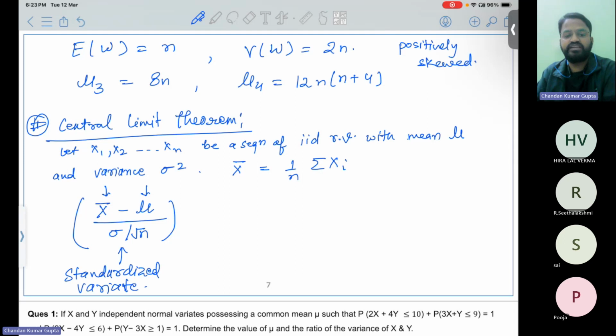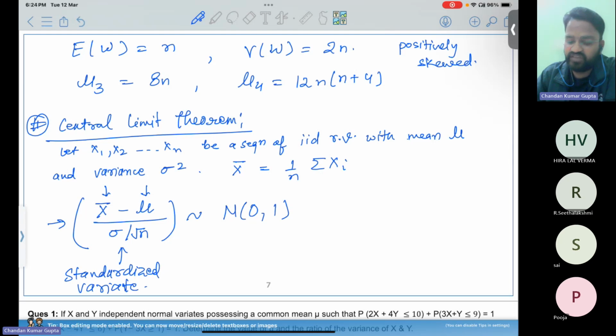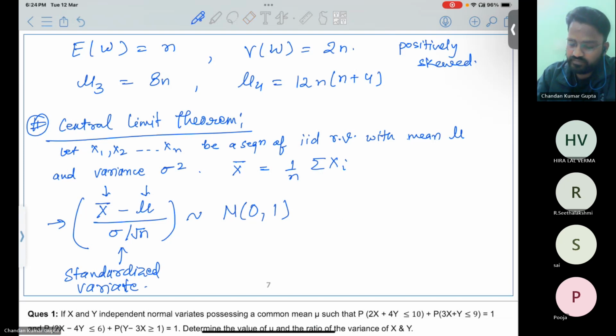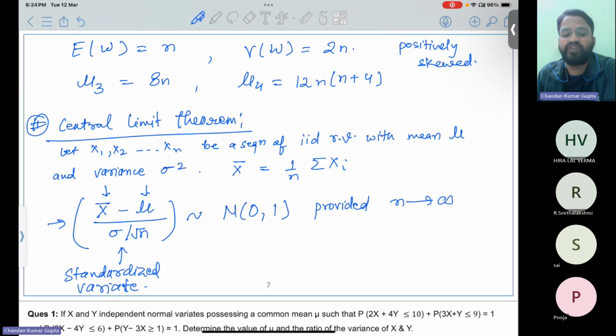Any variable can be standardized with this. This approximately follows a normal distribution with mean 0 and variance 1 provided n tends to infinity, that means for large n.